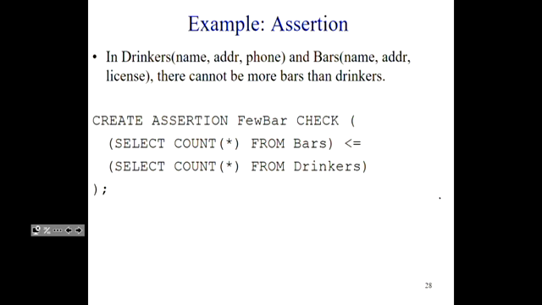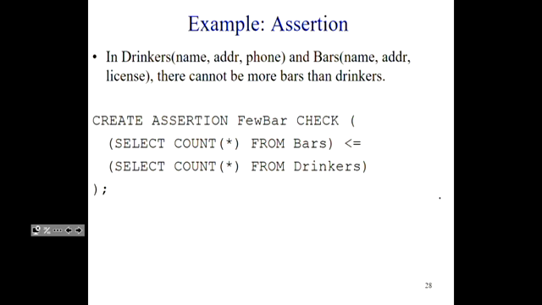So here's another example of an assertion, again a general form of constraint. Here I want to ensure that there can't be more bars than drinkers. The way to do this is to create an assertion with some name, let's say FewBar, CHECK, and in parentheses the condition, SELECT COUNT(*) FROM Bars <= SELECT COUNT(*) FROM Drinkers.